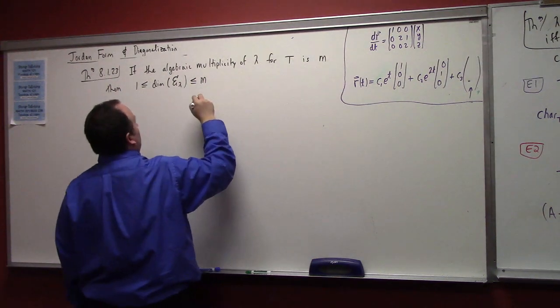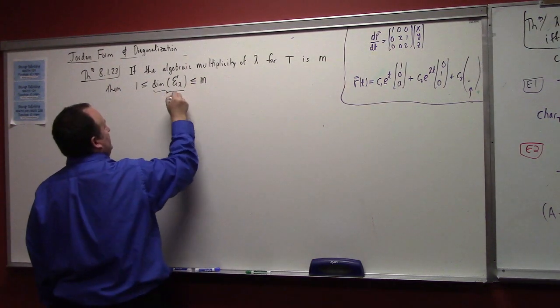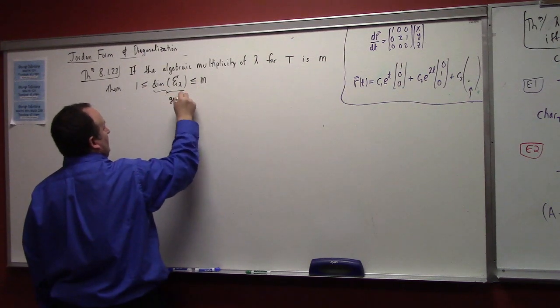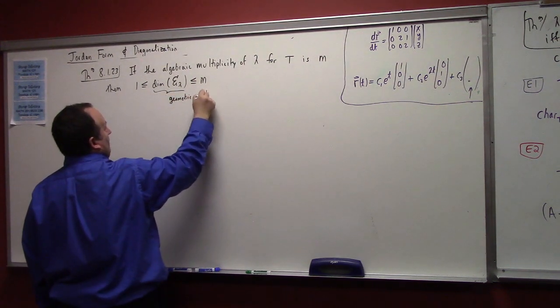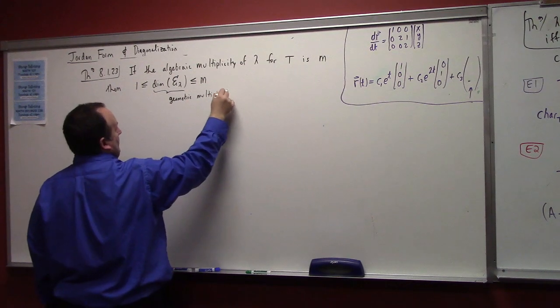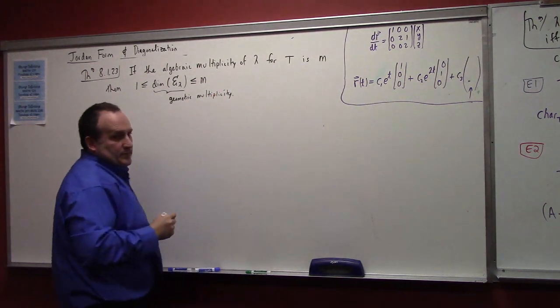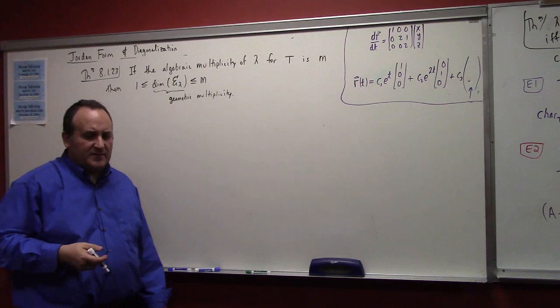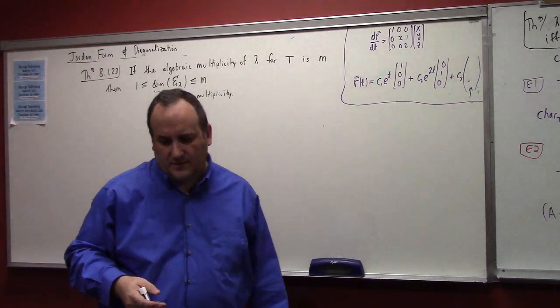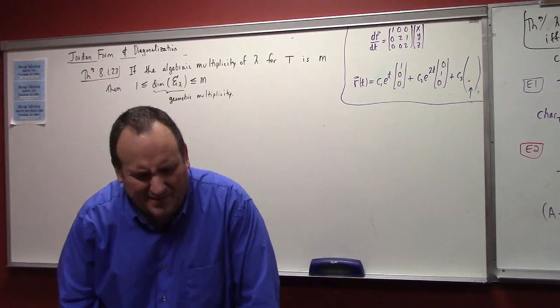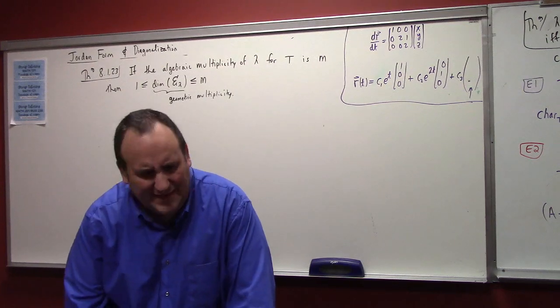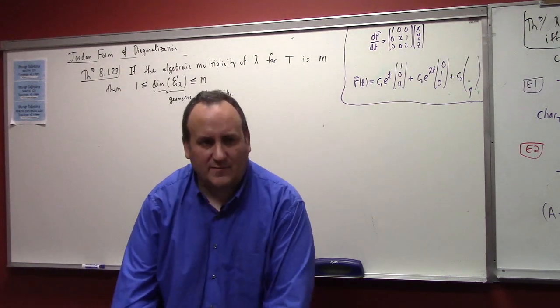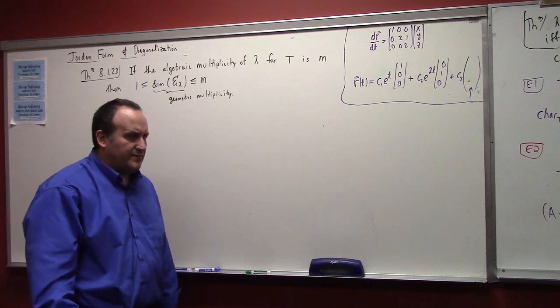And just a reminder, this is the so-called geometric multiplicity. The proof of this is actually somewhat involved, and it involves block matrices and things. It does take me about 15 good minutes to prove this properly. It's not entirely trivial.